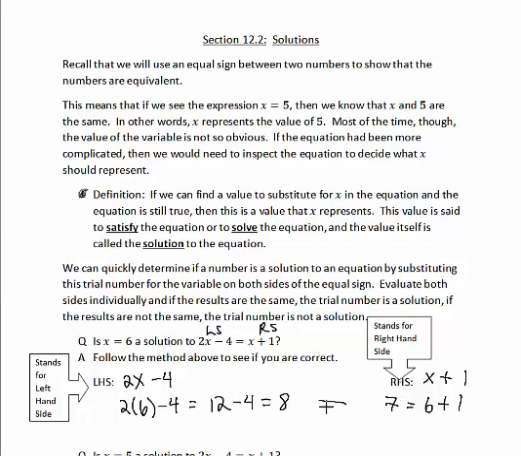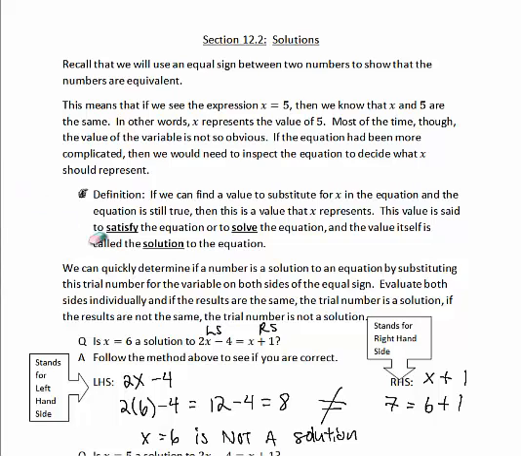And so the two sides do not equal. Therefore, we say that x equals 6 is not a solution.